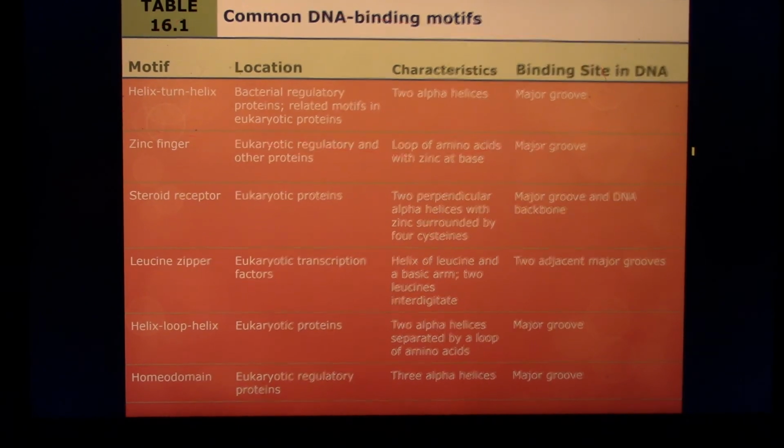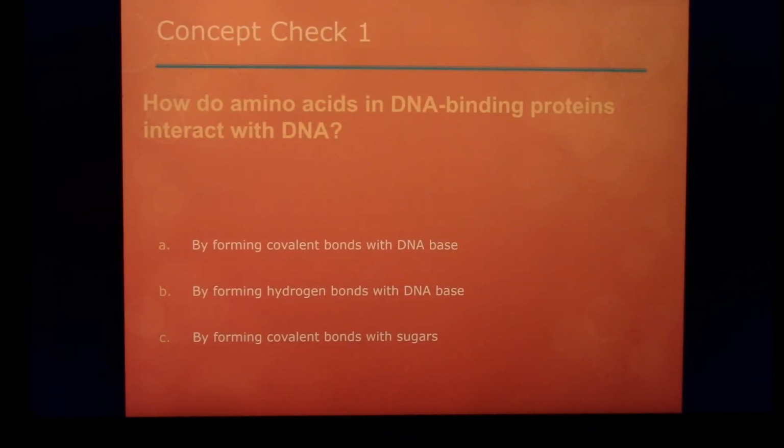All right, so we're going to go to the next slide. Your concept check. How do amino acids in DNA binding proteins interact with DNA? Do they, A, do it by forming covalent bonds with DNA bases, B, do it by forming hydrogen bonds with DNA bases, or C, by forming covalent bonds with the sugars? Let's see if I've got the right one circled.